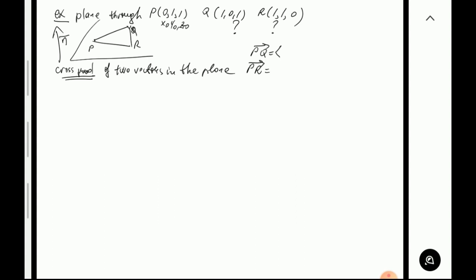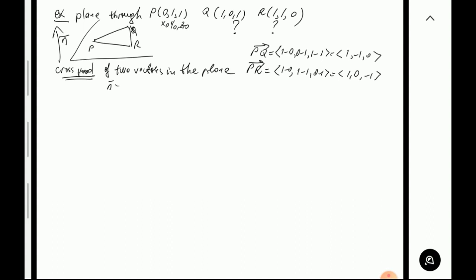So if I say PQ, that means P is the initial point. I need to subtract P from Q, and that means the actual vector PQ in component form will be 1, negative 1, 0. Similarly, I need to subtract P from R to put it in component form, and that'll be 1, 0, negative 1.